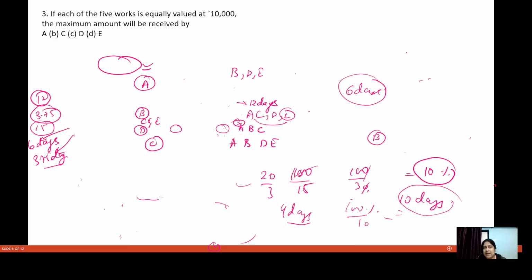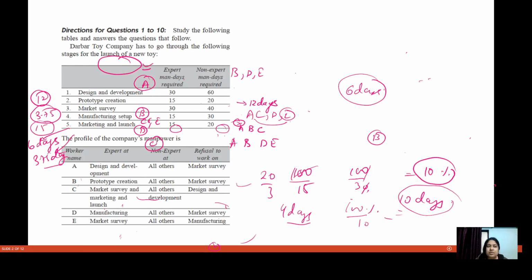So who will do the maximum percentage of the work? Whichever person will do the maximum percentage of the work, that person is going to receive the maximum amount. So let us find that out. In this we have to find which person is doing how much work.